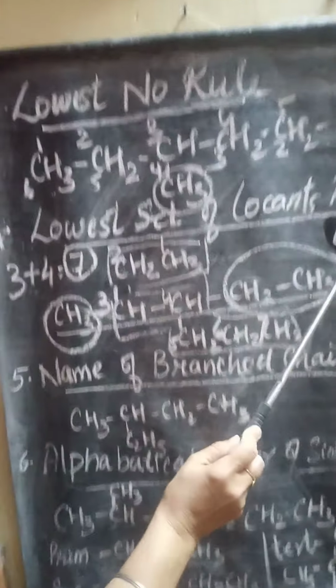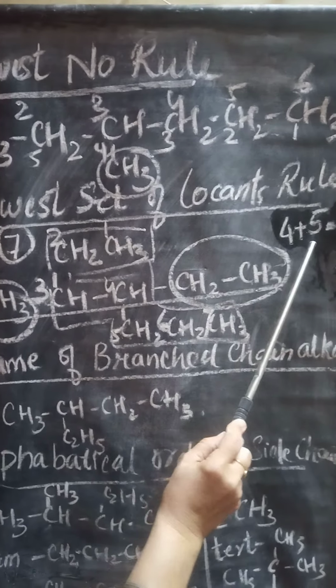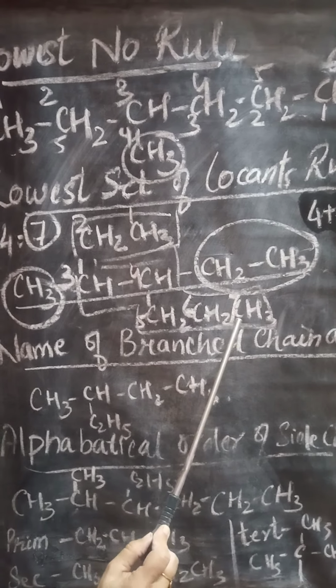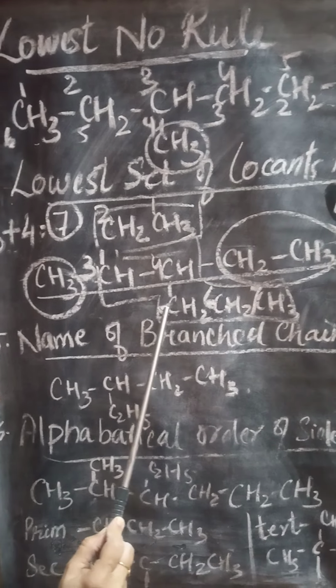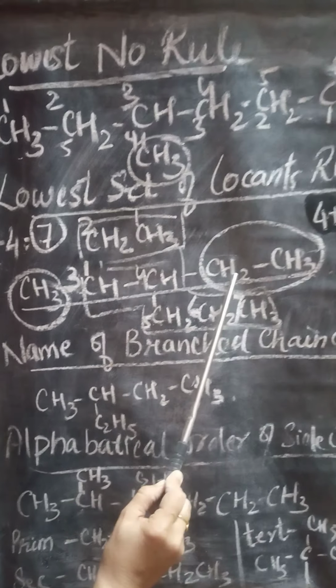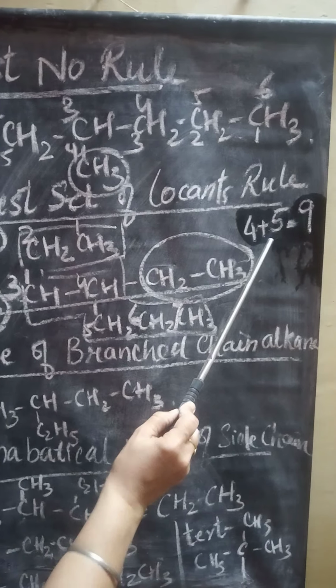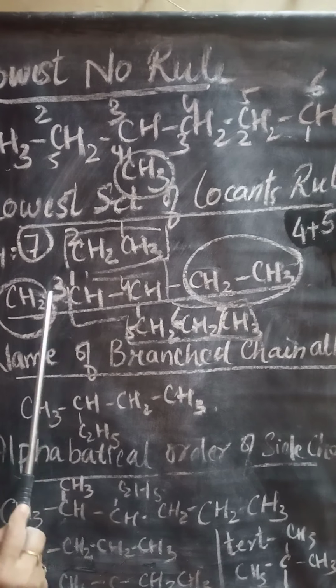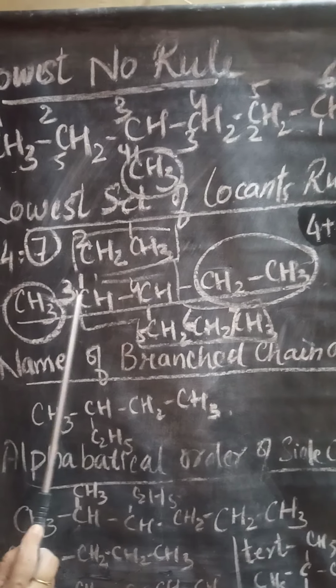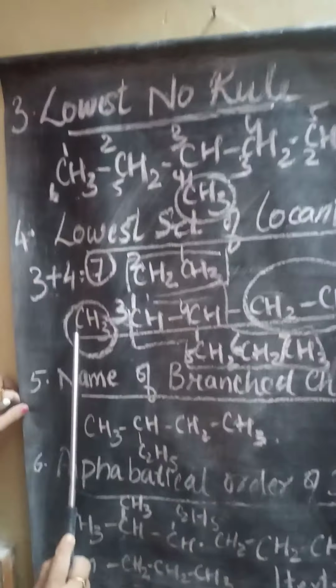Yes, children, by mistake it was said 3, but when we name again, 1, 2, 3, 4, the fourth position has one substituent group attached, and the fifth carbon has another substituent attached. The 3 was some mistake, but it is the fifth carbon to which this substituent is attached.